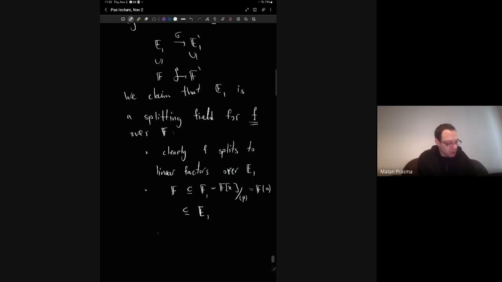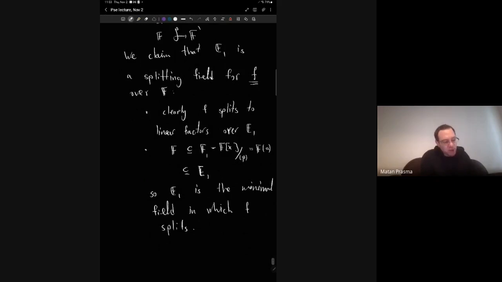So all in all, E1 is the minimal field in which f splits. Okay, so this is for E1, and the same goes for E1 prime.